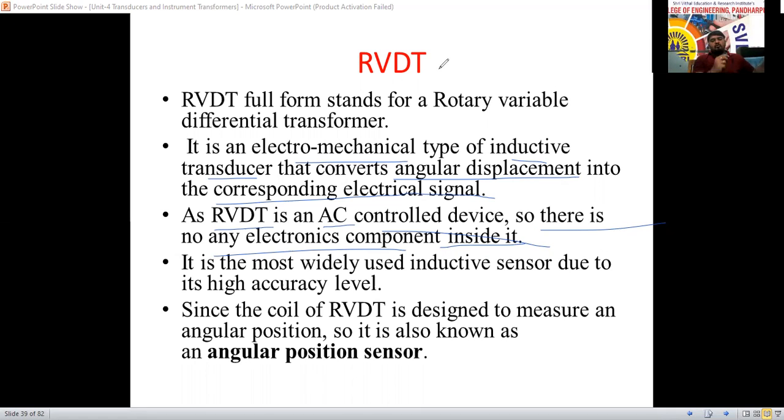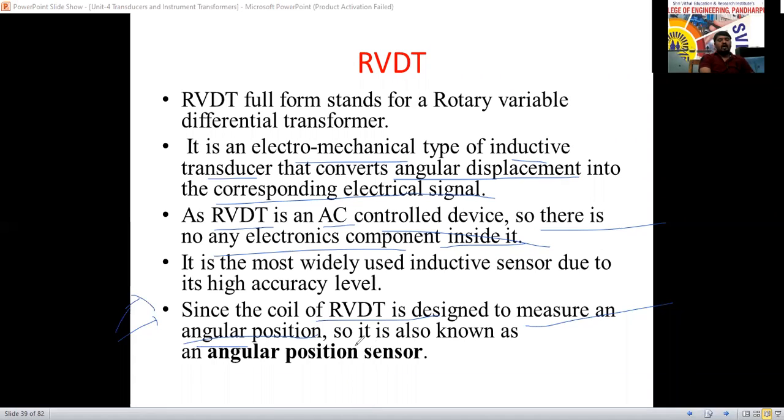It is the most widely used inductive sensor due to its high accuracy. We are going to use inductive sensors because they have a high accuracy level. The coil of RVDT is designed to measure an angular position. If it is 30 degrees, 90 degrees, or 60 degrees, whatever the angular position is, it is going to measure that.